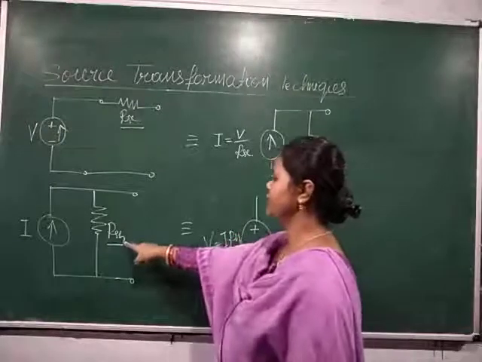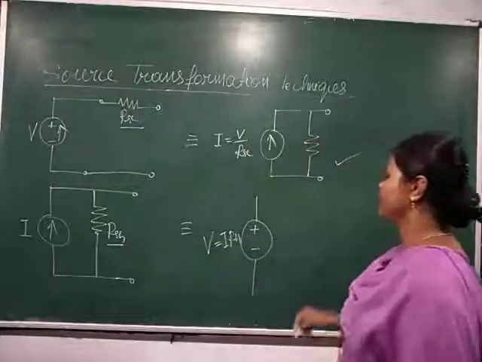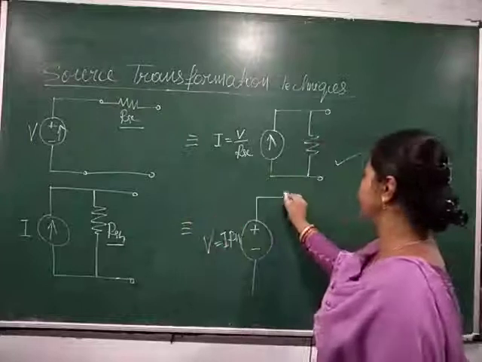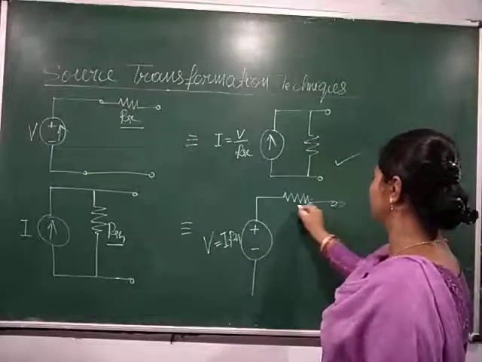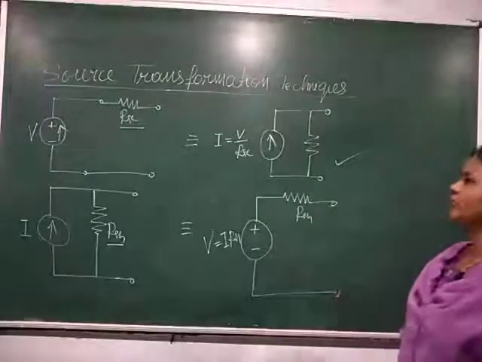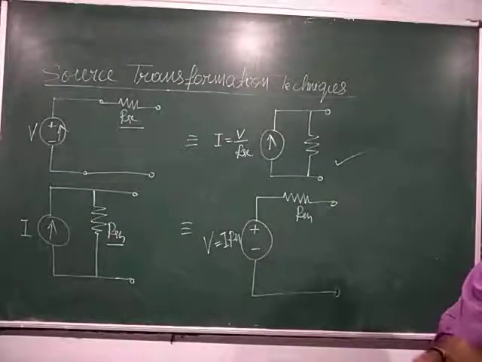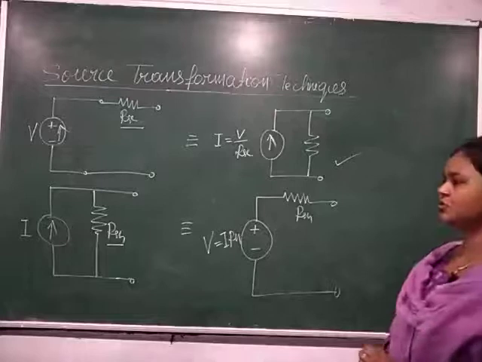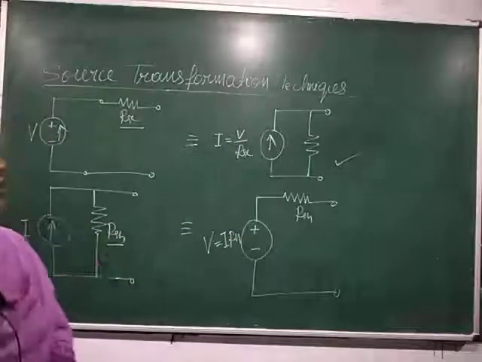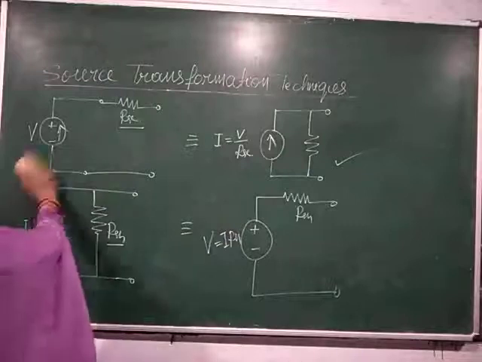Which resistance? This one. And without changing the resistance, you connect it in series. This is the technique to convert voltage source into current source and current source into voltage source, which is known as source conversion or source transformation technique.